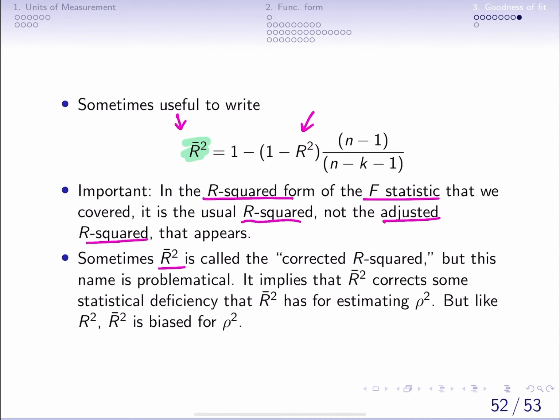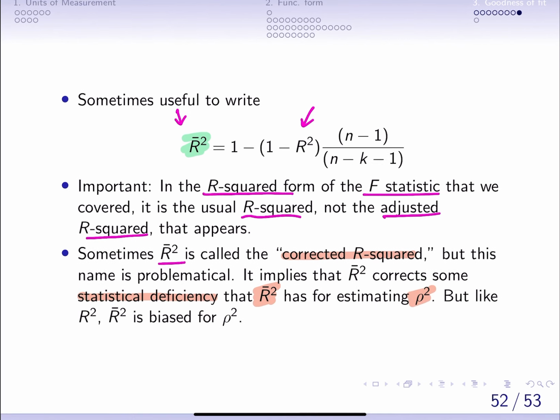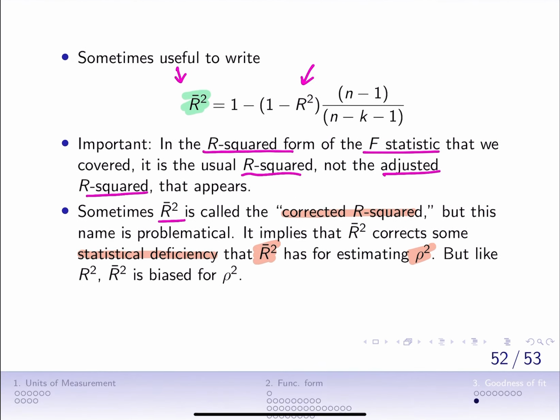The adjusted r-squared is also sometimes known as the corrected r-squared because it's correcting for the degrees of freedom deficiency that r-squared has for estimating sigma squared.